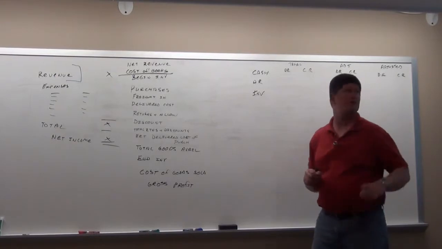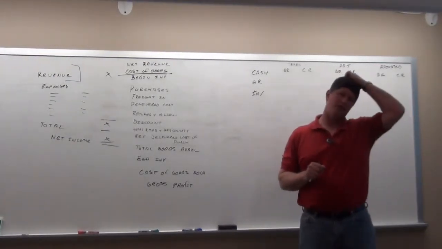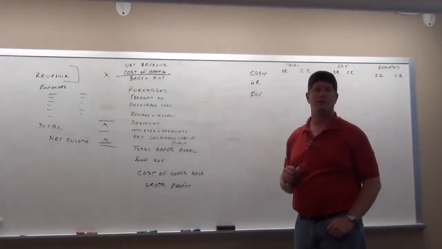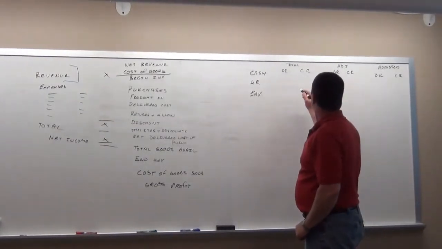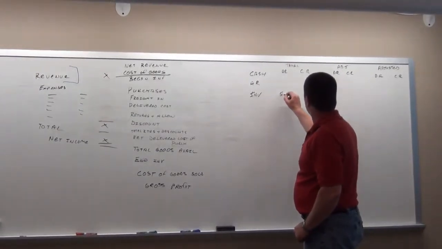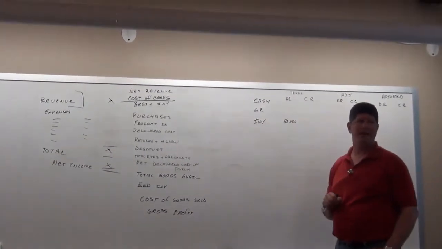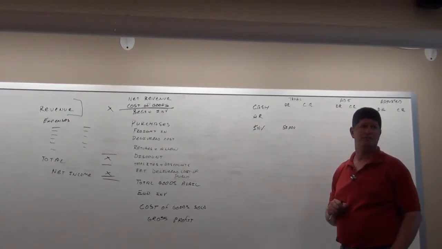So in this instance, the inventory had a beginning balance of $52,000, right? So I have inventory of $52,000. And I know my ending inventory is $47,000.